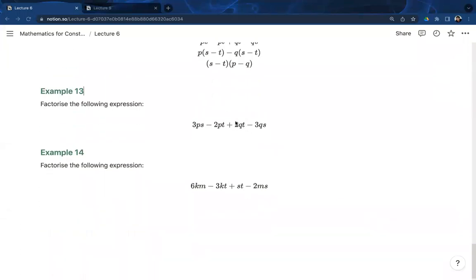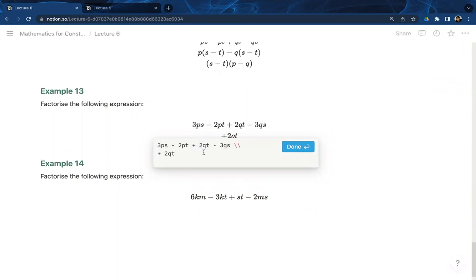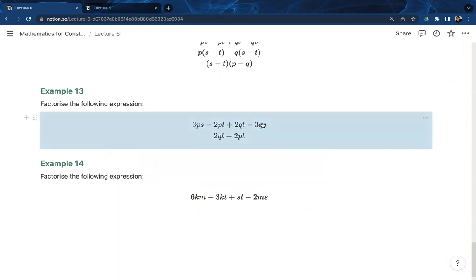For this one, I'm going to pick T. Now it's kind of better to put the positive term before the negative term. So I rearrange the expression.